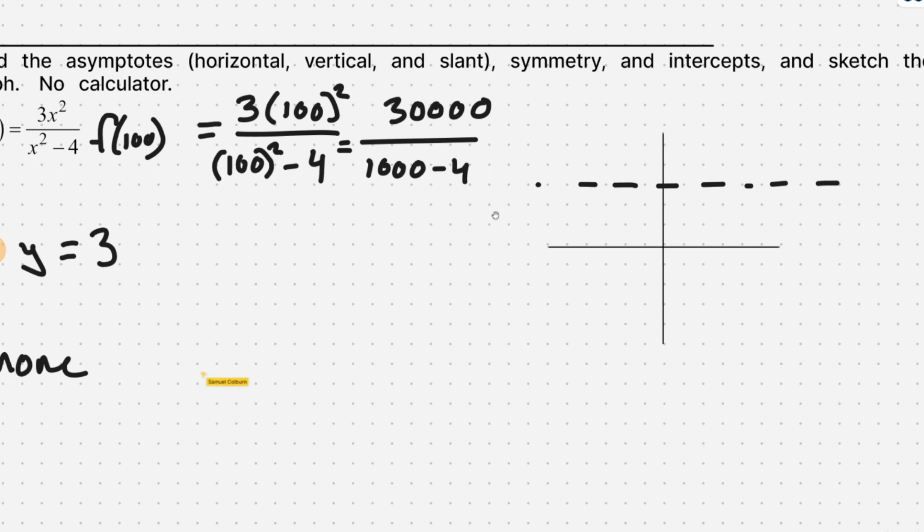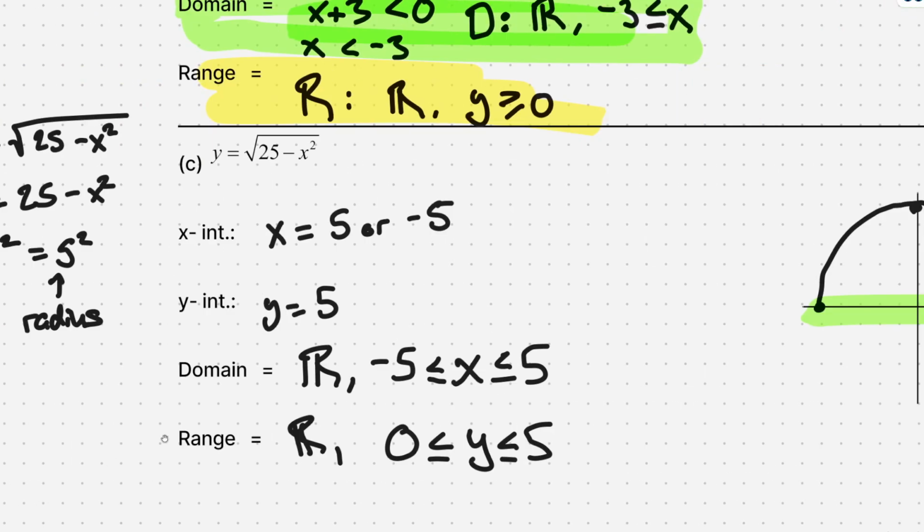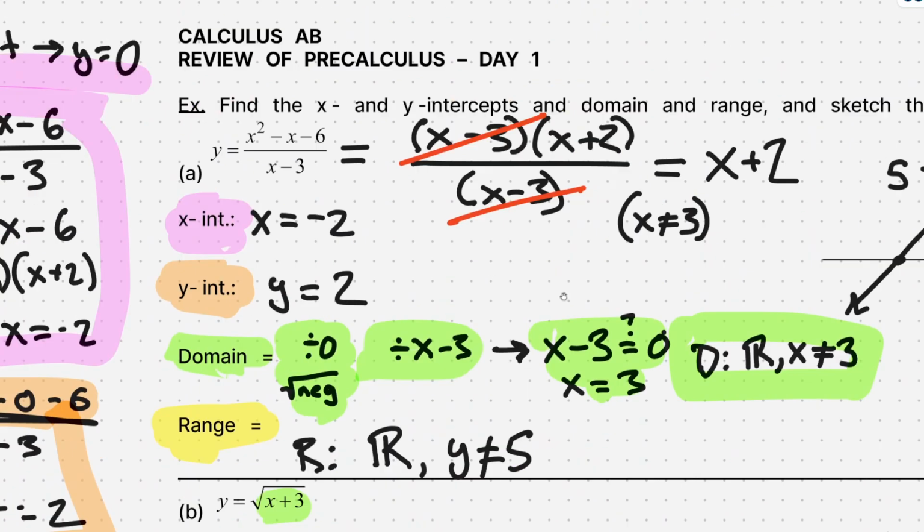Vertical asymptotes. Vertical asymptotes occur when the bottom of the function is 0 and the top is not 0. Thinking back to our first problem, there was a value, 3, that made the bottom equal to 0.